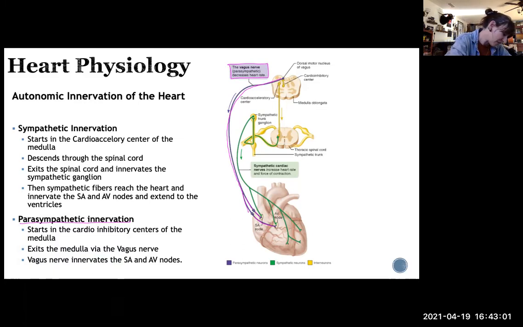So for the sympathetic part, we've got a short preganglionic nerve involving the sympathetic trunk, right next to the spine. Then long postganglionic nerves go to the heart, specifically your two nodes, your SA and your AV nodes.